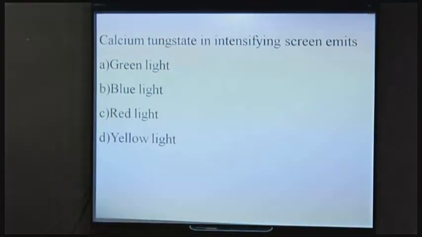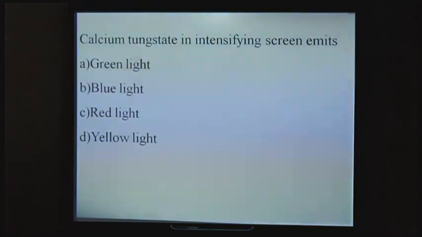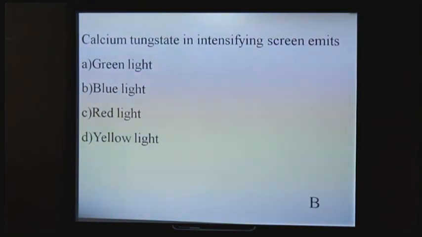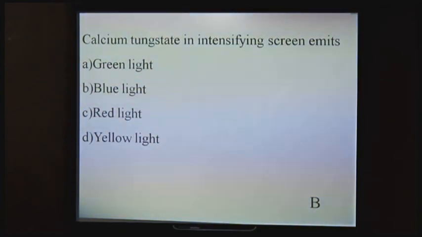One is your phosphor layer on both the sides, and then you have a reflecting layer only on the back side, and that is made up of titanium dioxide. Calcium tungstate intensifying screen emits blue light. Apart from this, what other light do you have? Green light. That is because of the rare earth elements.